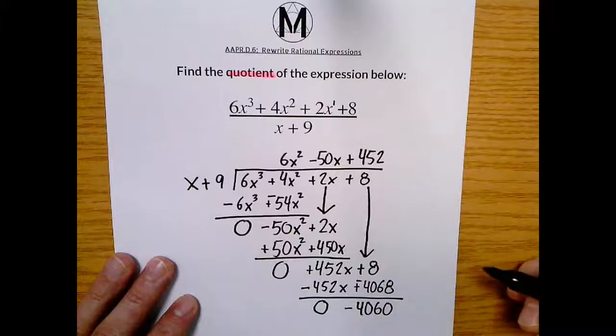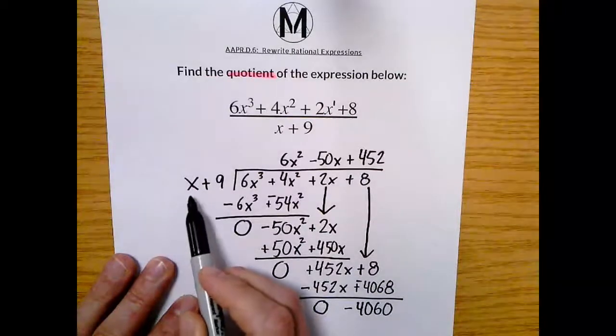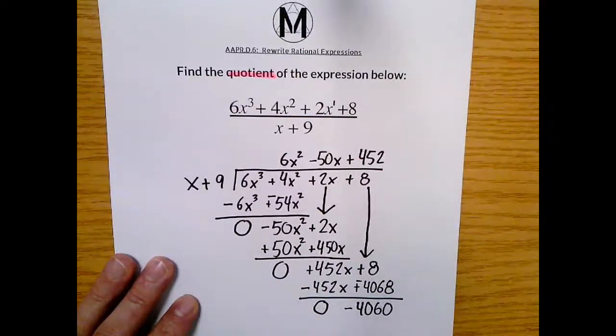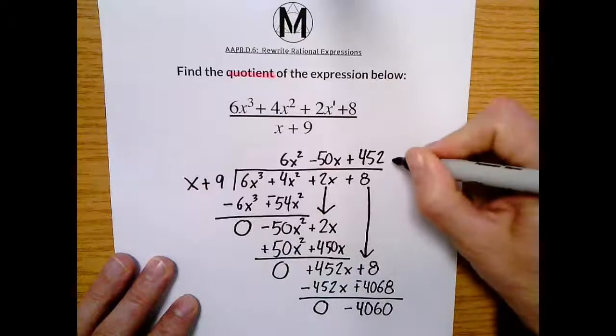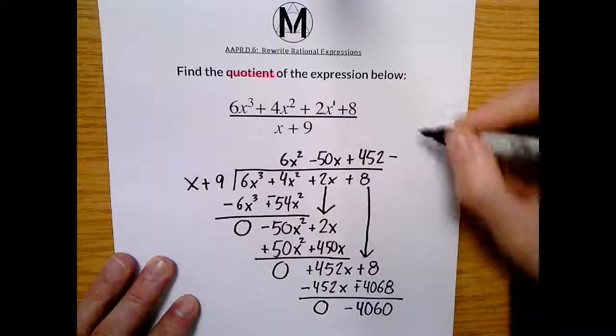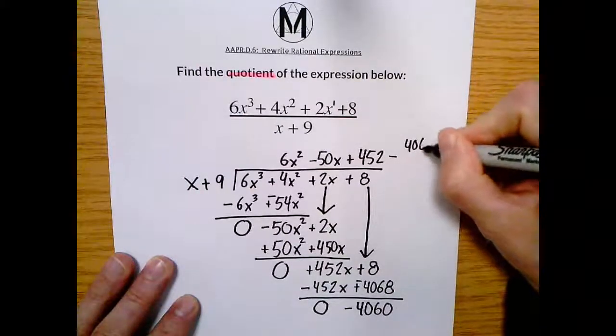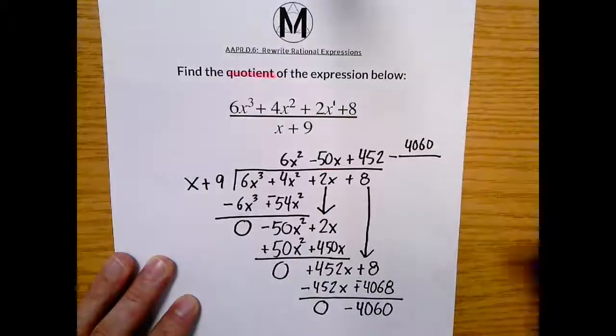Okay, that's fine. And then also there's no variable down here anymore. So this degree is the highest, and when that happens, you know you stop. So this is actually going to be the numerator of your remainder. And because it's negative, I'll just put a minus sign up here. And so I write 4060. That's the numerator of my remainder.